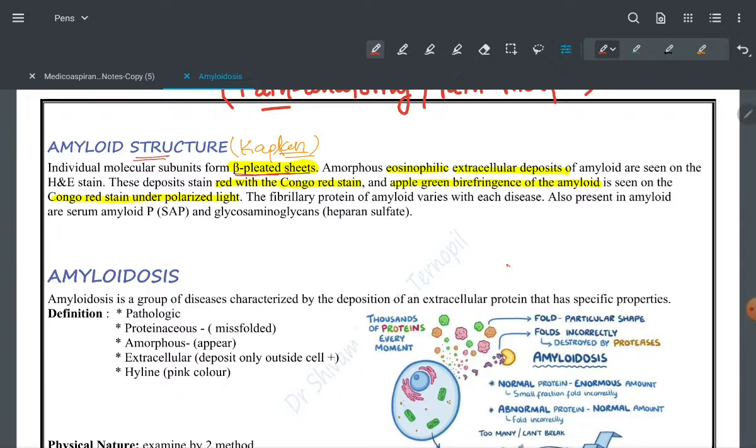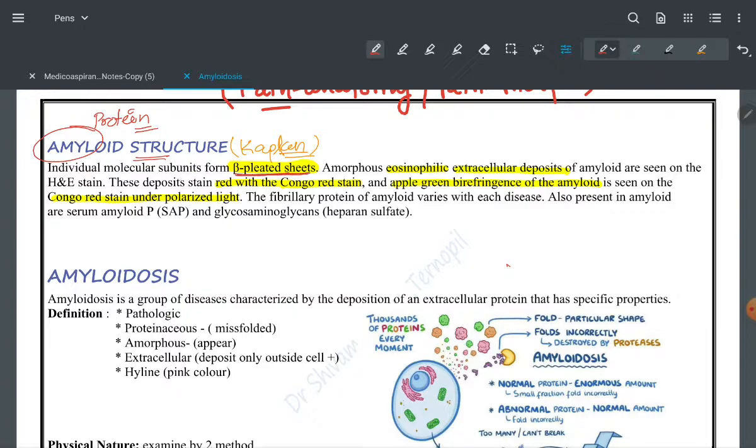When we go through Robbins, or Marrow, or some other literature, it is clearly mentioned that amyloid has a proteinaceous content. What is the nature of amyloid? It is protein in nature. So now, about the subunit of beta pleated sheet.